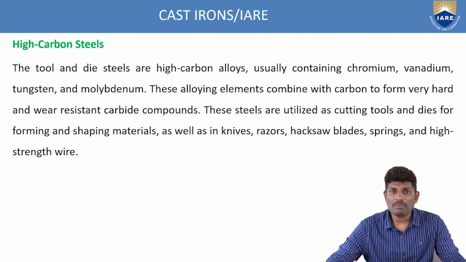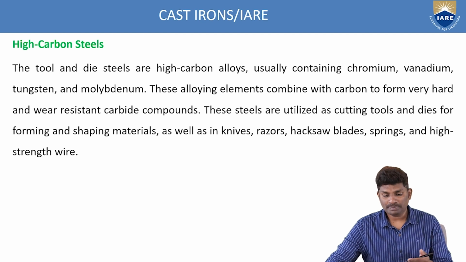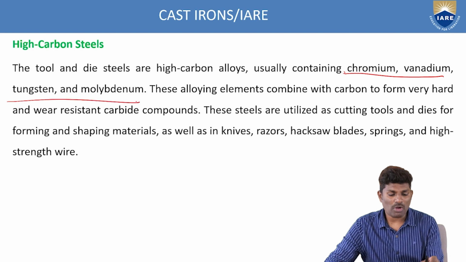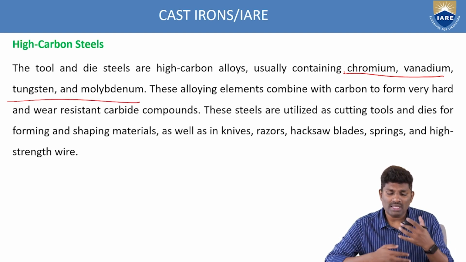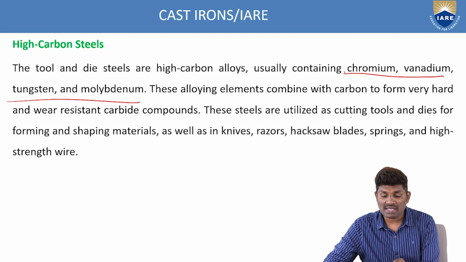If you see the mechanical properties of these high carbon steels, they have good toughness. Now, by adding chromium, vanadium, tungsten, and molybdenum, other alloying elements, you can enhance the mechanical properties. That's why it is utilized as a cutting tool.